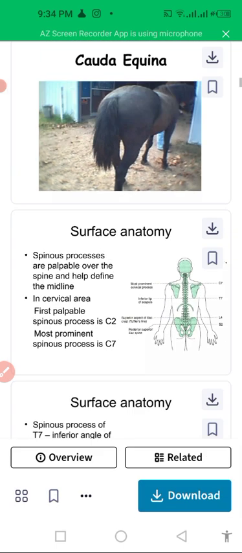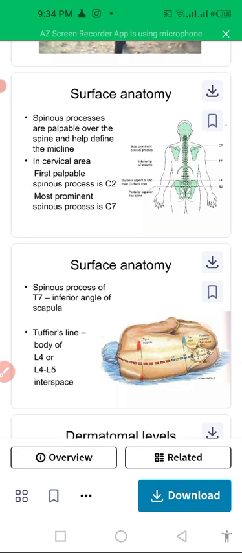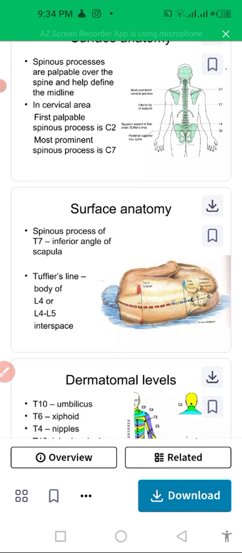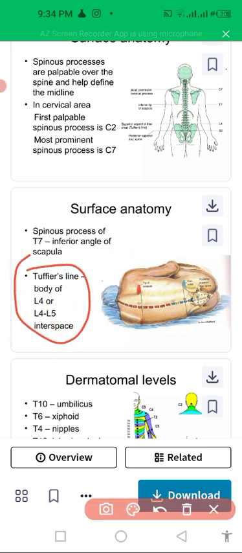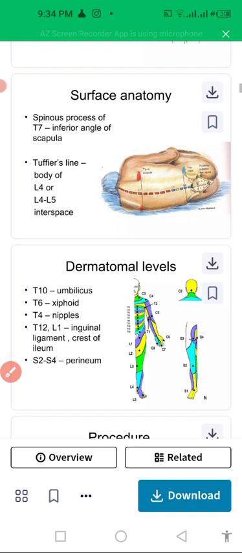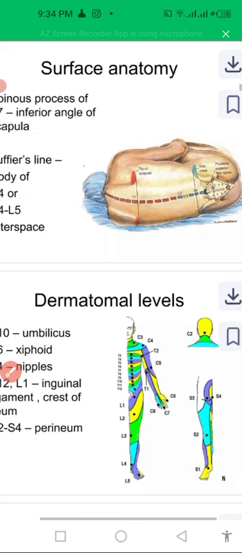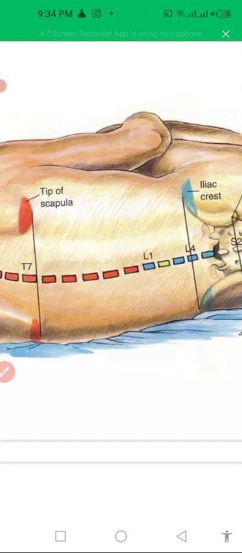You then look at the vertebral space where you inject, and the line joining the iliac crests is known as Tuffier's line, at the body of L4 and the L4-L5 intervertebral space. You inject along Tuffier's line.